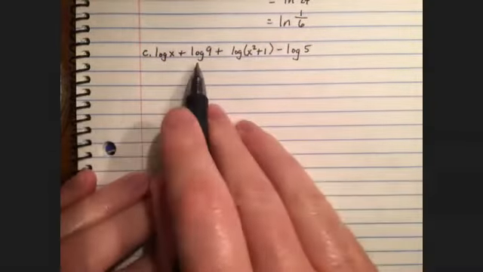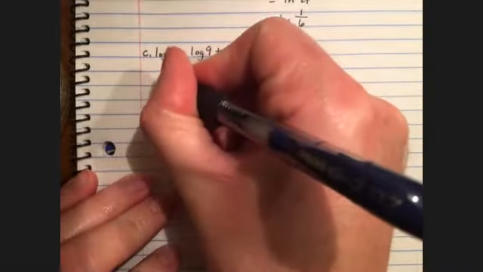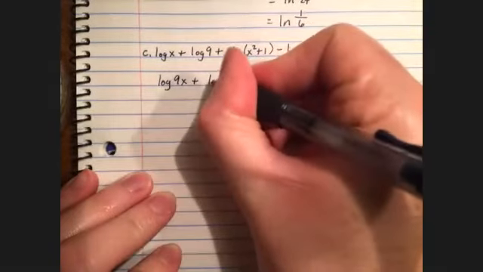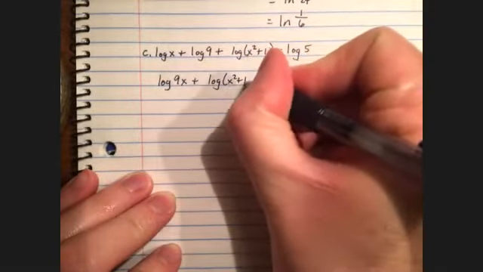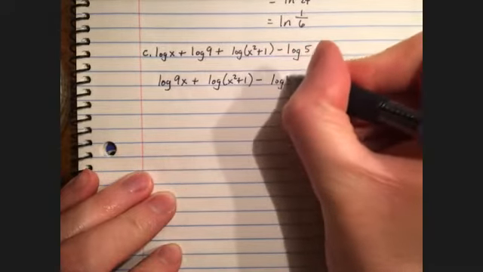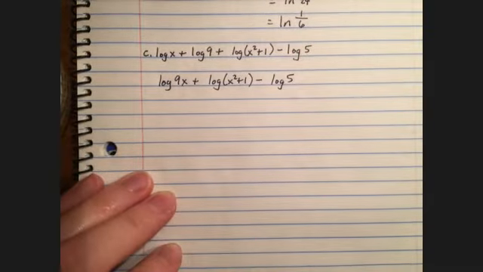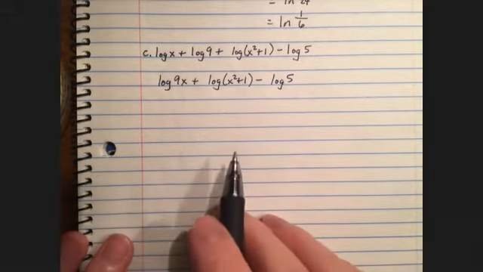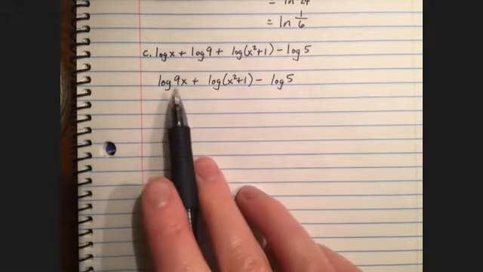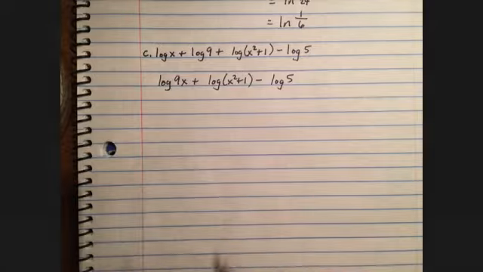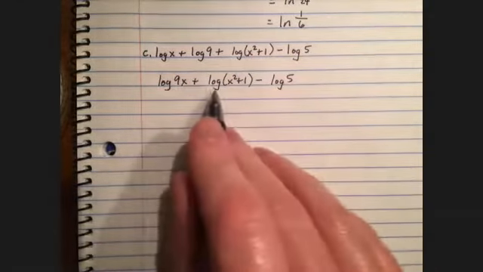All right, next one, log of x plus log of 9. We could just change that to log of 9x. Then I'm going to bring down everything else that I haven't used yet. Now we can take this same exact product, or this sum rather, and make it a product.